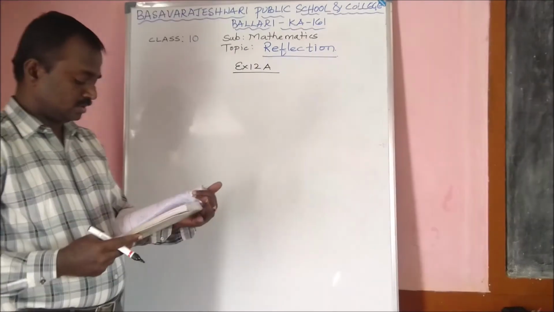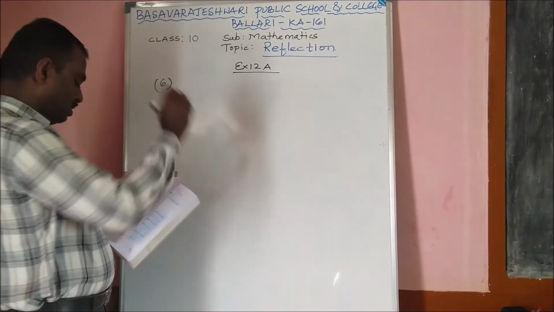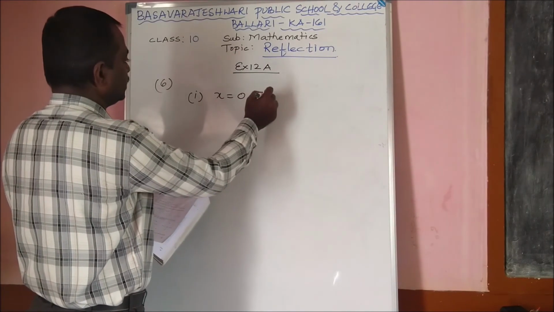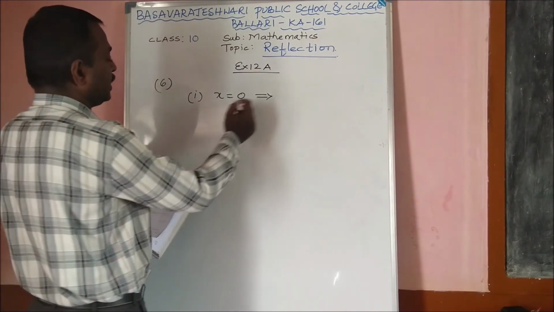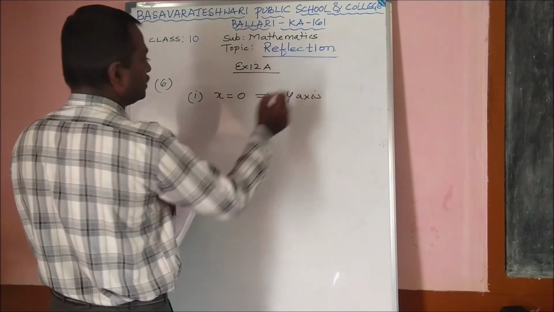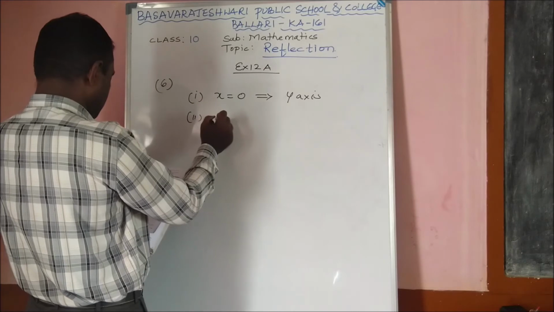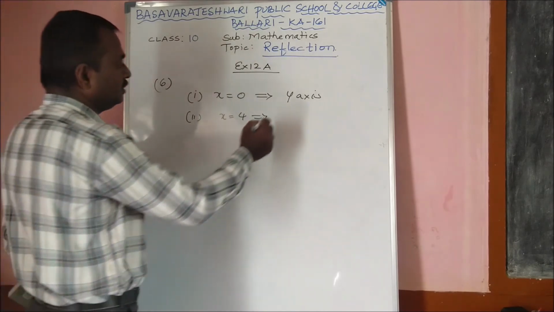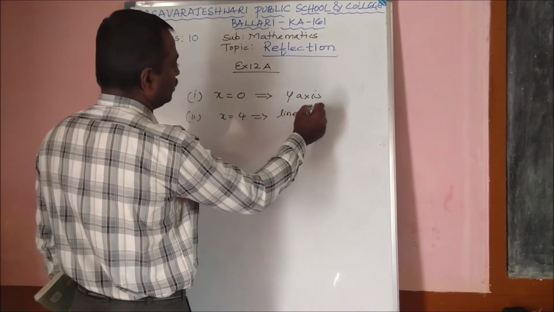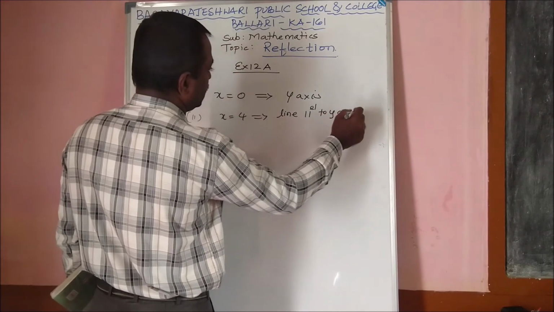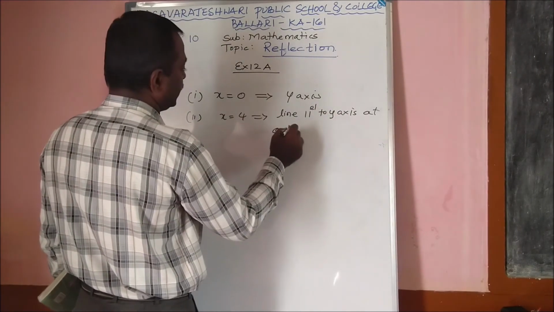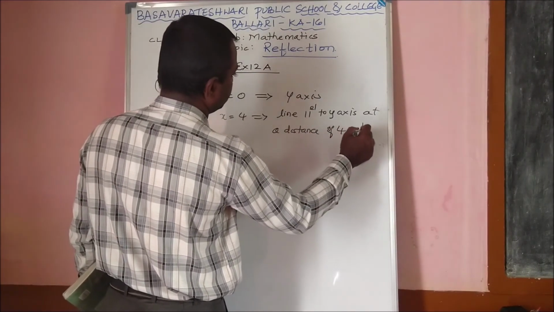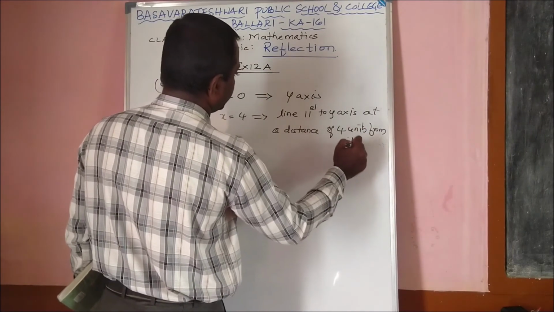Next I will come to the sixth main. What do you mean by the line? Number 1: x equal to 0, what is that line? x is 0 means it is the y-axis. Second, x equal to 4 means a line parallel to the y-axis at a distance of 4 units from it.